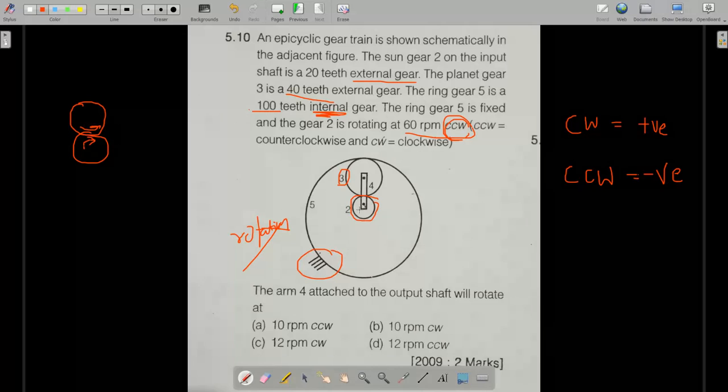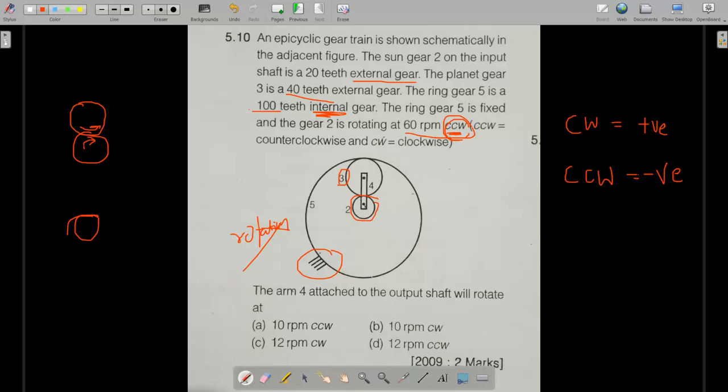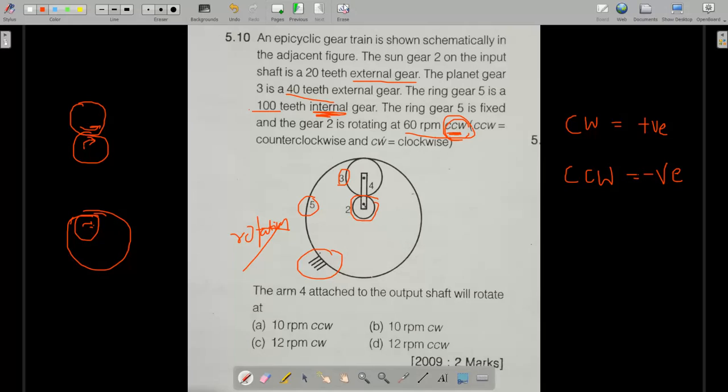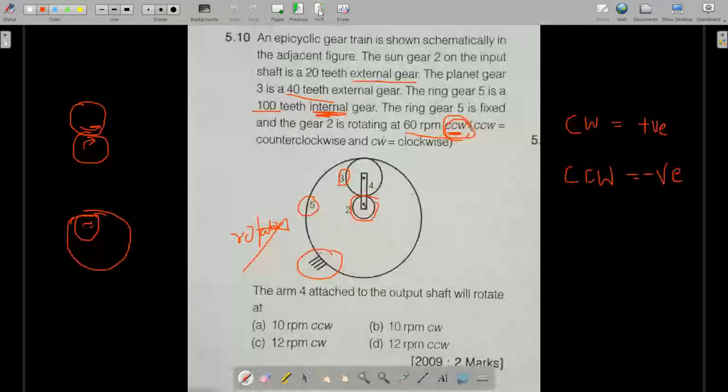For example, if gear 2 rotates counterclockwise, the planet gear 3 will rotate clockwise. But if two gears mesh internally, like 3 and 5 in our case, the sense of rotation of both gears will be the same. If one rotates clockwise, the bigger internal gear will also rotate in the same direction. With this sign convention, let us start.